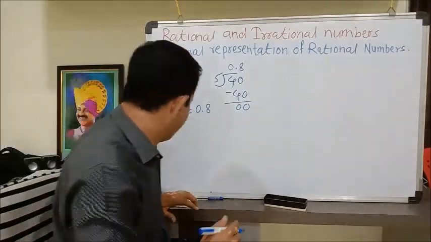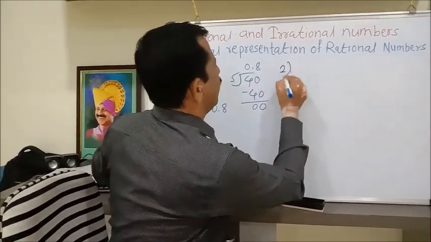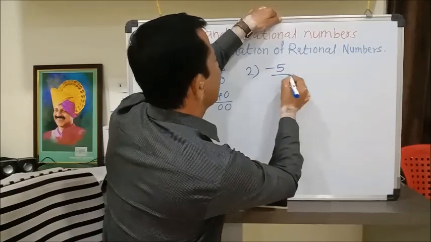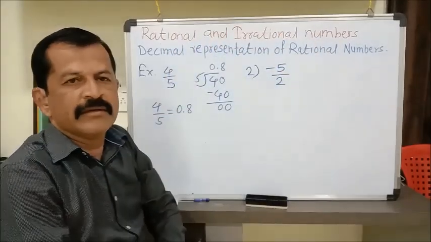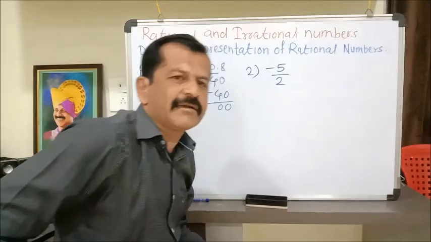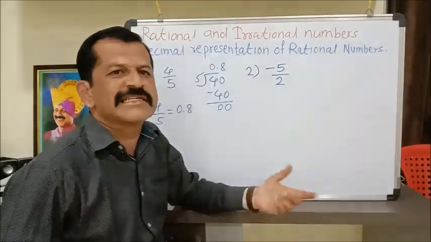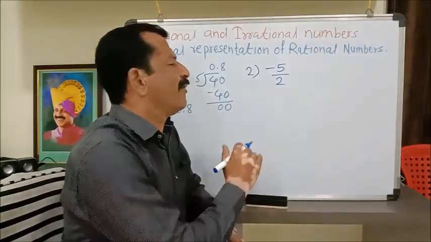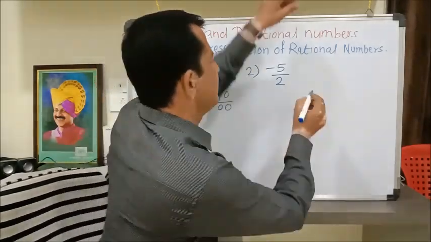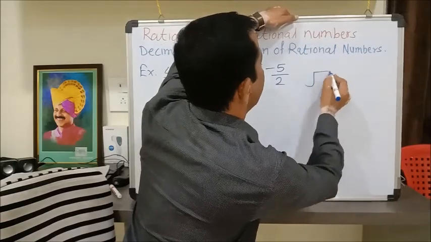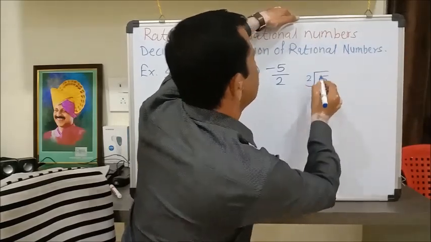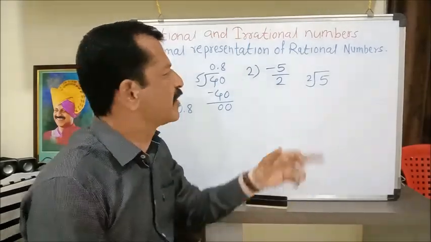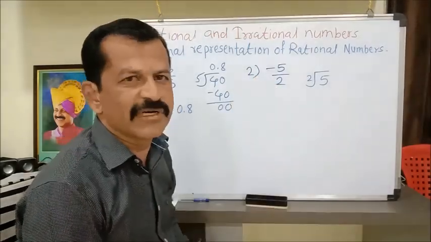Next, we take another example. The second example is negative 5 by 2. When we write negative 5 by 2 in decimal form, we must divide negative 5 by 2, but here we divide 5 by 2, and in the quotient we give the minus sign because this is a negative rational number.